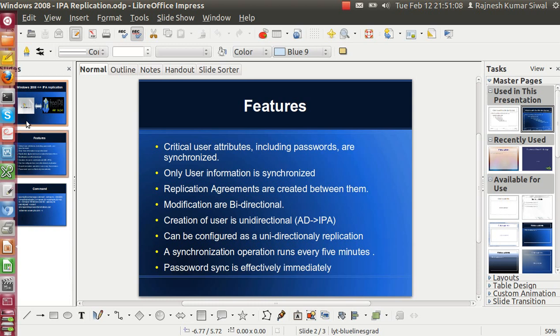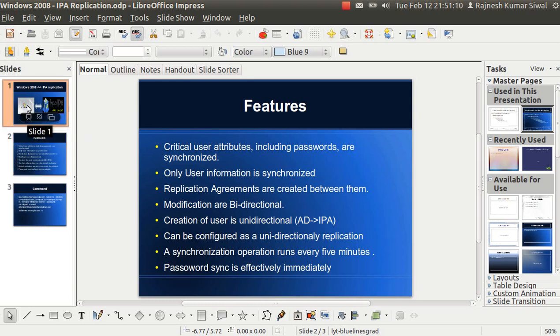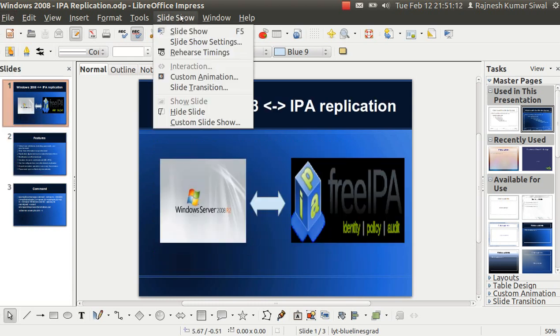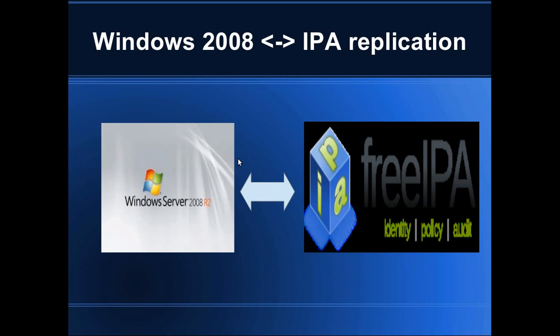Now, coming to the lab, before the lab, I'd like you to understand one more thing. Here we are talking about two different environments. All the Linux, Solaris or Unix machines are going to authenticate against the IPA server. All the Windows-based machines are going to authenticate against the Windows 2008 server Active Directory.